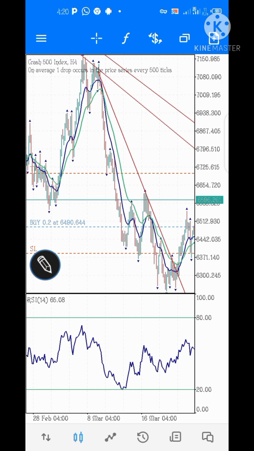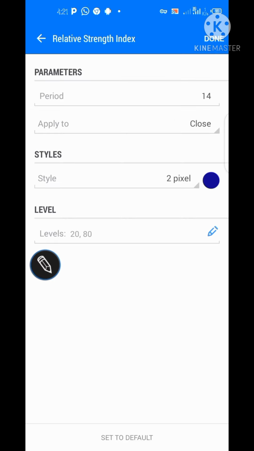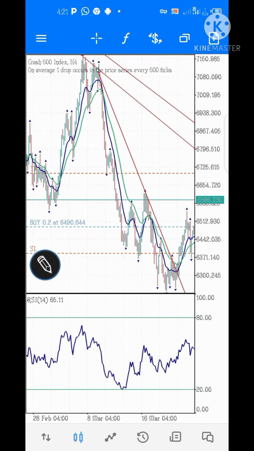Then relative strength index. This is the setting: period 14 applied to close. Then style 2 pixel blue color. Then levels 20 and 80. Then click done.